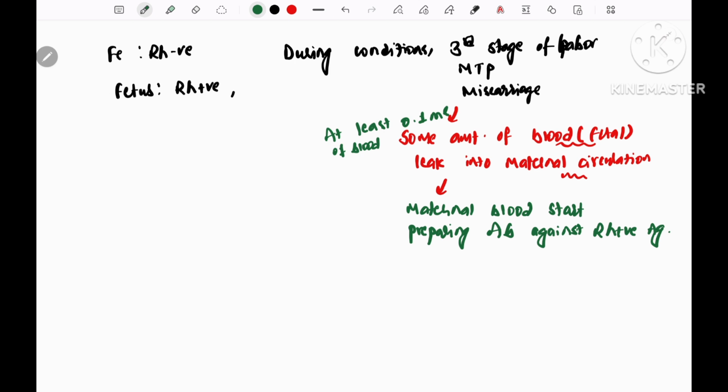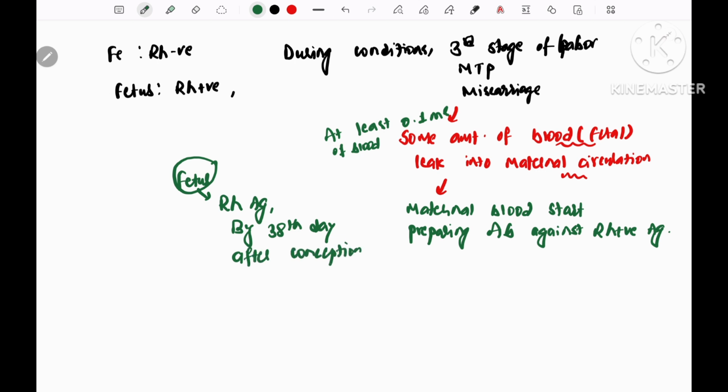And the fetus, when it is present in the uterus, starts preparing the Rh antigen by the 38th day after conception.